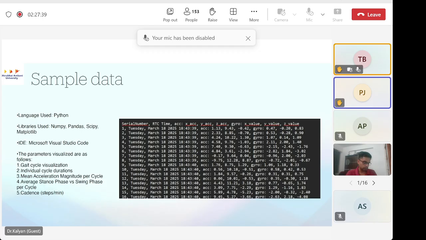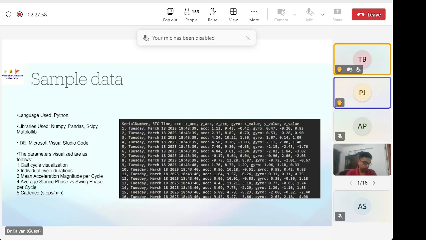From the accelerometer data alone, we are able to visualize these parameters. First is the gait cycle visualization. Gait cycle visualization is a plot which gives you an overview of your entire duration of gait cycle.